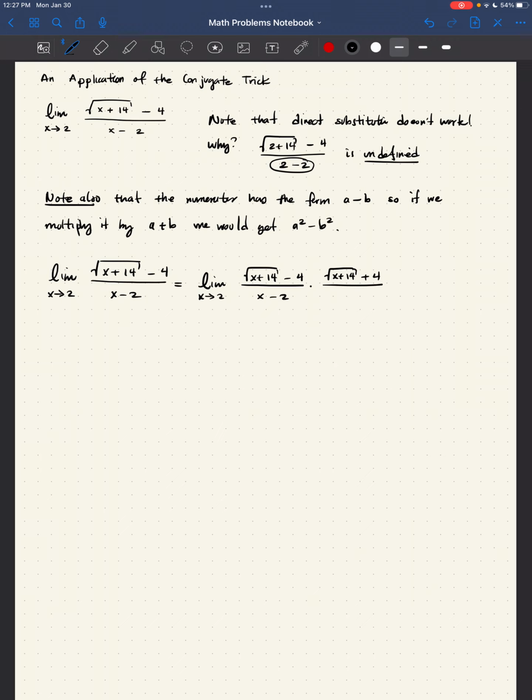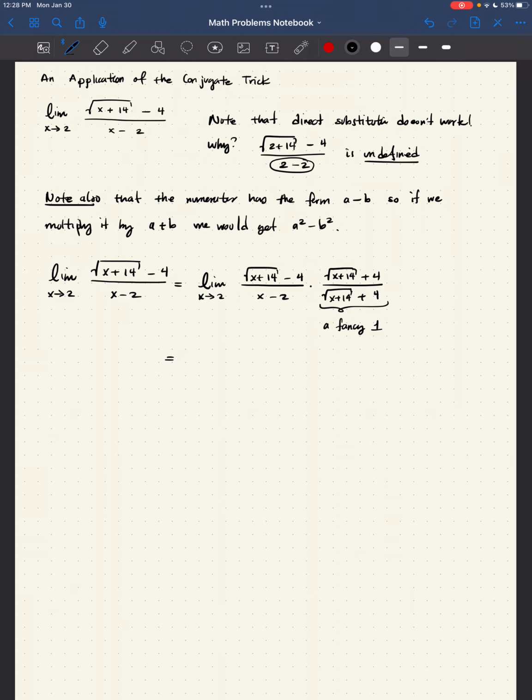But now I have to be careful. It should be divided as well by the square root of x plus 14 plus 4. This is nothing else but what I would like to call a fancy 1. It's just a fancy way of writing 1. Multiplying by 1 doesn't affect in any way the value of an expression. But, well, it could be of great help.